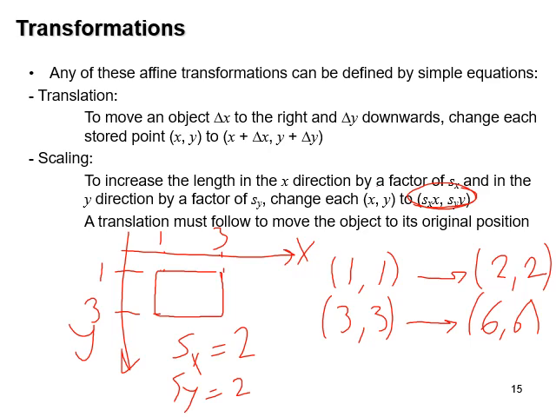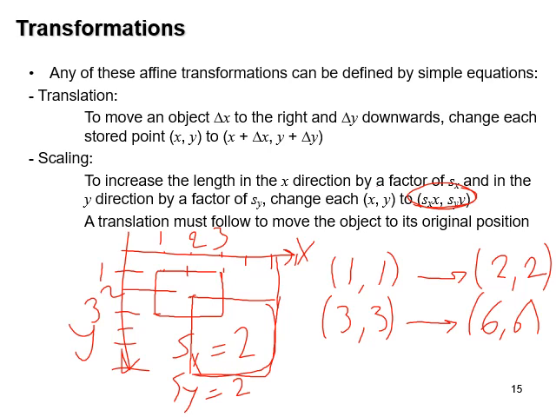So let's assume this point is 2 and 2. This is 1, 2, 3, 4, 5, 6, and 1, 2, 3, 4, 5, 6. So we have a square from here up to this point. This is how the square looks.